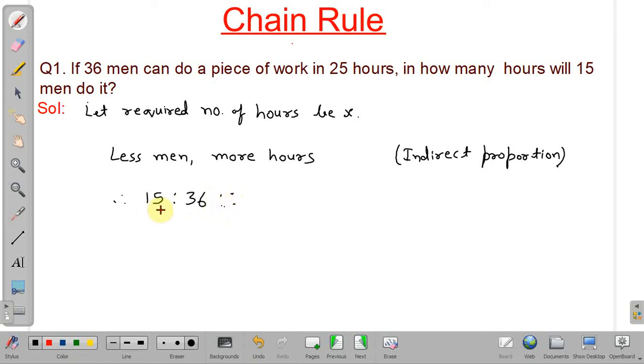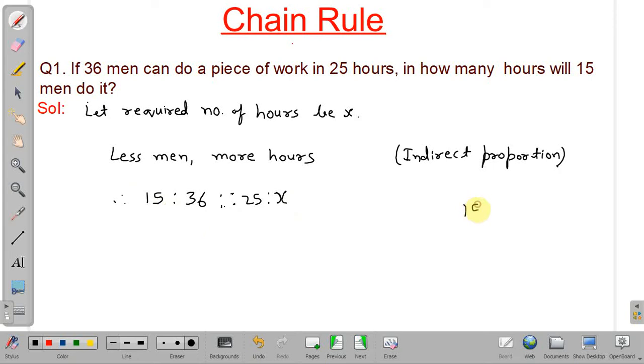So when 15 men are working, it is indirectly proportional to the number of hours. So here it will come x, so 25 ratio x. When it is indirect, you can understand this by writing it as a fraction.